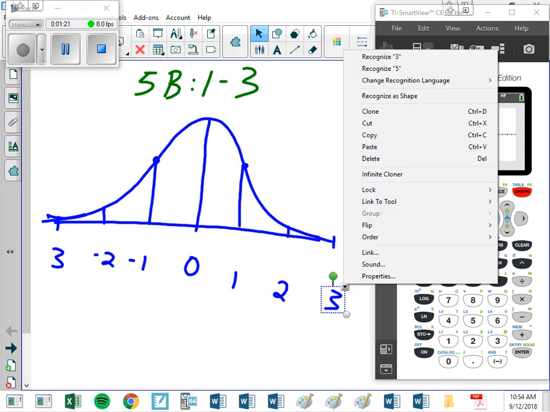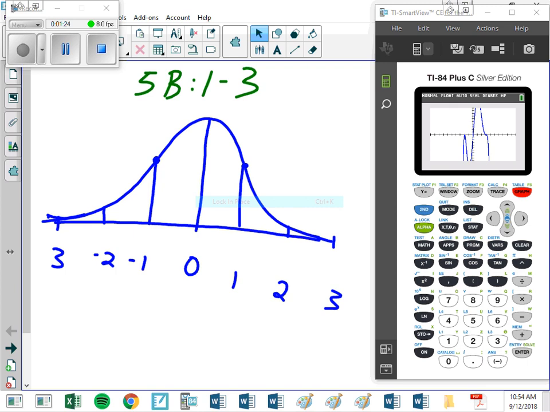Okay, so I want the area to the right of 1.25. So I want to know how much area is over there. Well, if I do a quick calculation in my head, I know this is 68% for the +1 and -1, which leaves 32% shared between the left side and the right side.